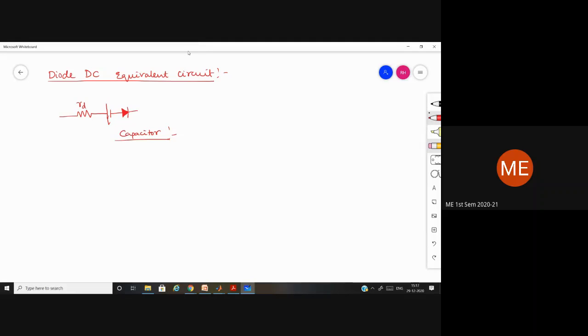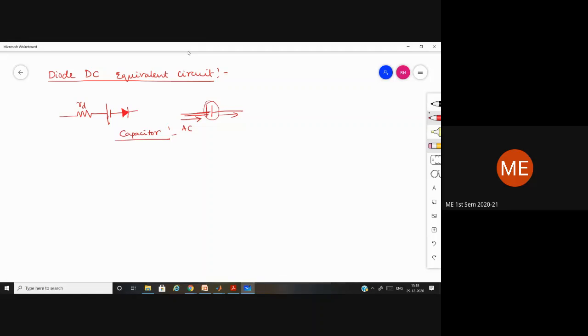Suppose you have a capacitor like this, and if you are passing the current, then this capacitor will not allow the current to come here. It will start storing the charge. But if you are allowing an AC signal to pass through, the capacitor cannot charge by using AC. Alternating current cannot be used to charge a capacitor.